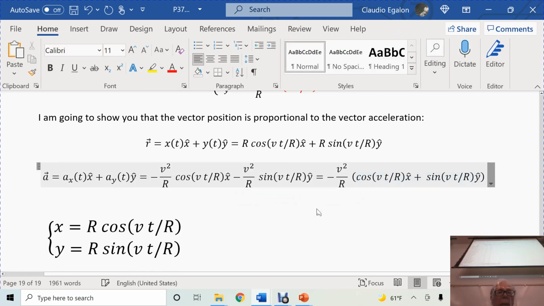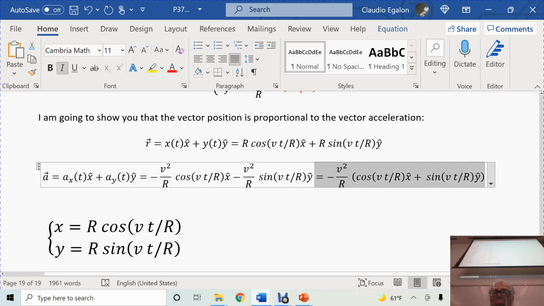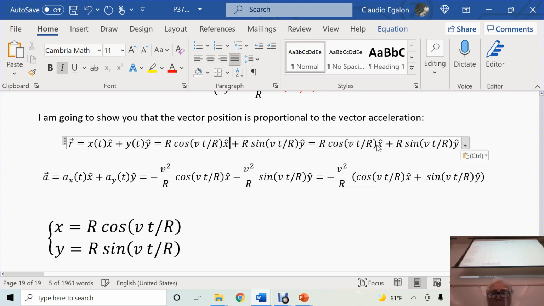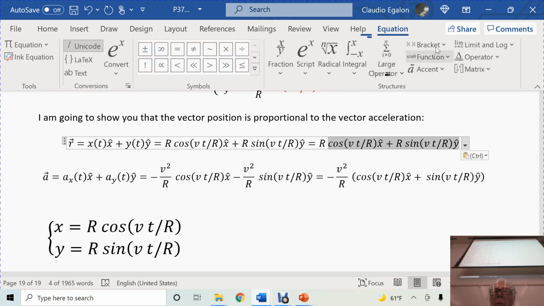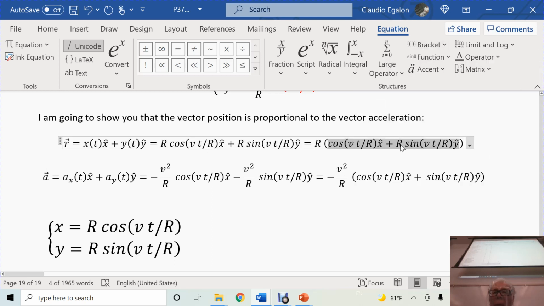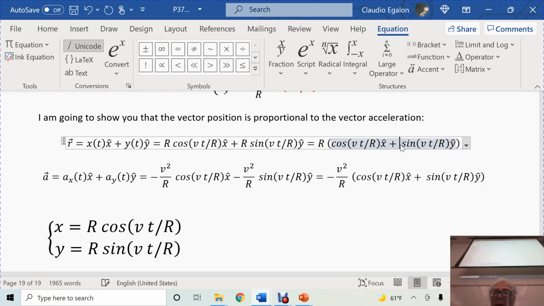You got it, right? And then I'm going to do something else too. I'm going to put the r in this equation in evidence, just like I did for the acceleration vector. And then I'll prove to you that the acceleration vector is proportional to the position vector.